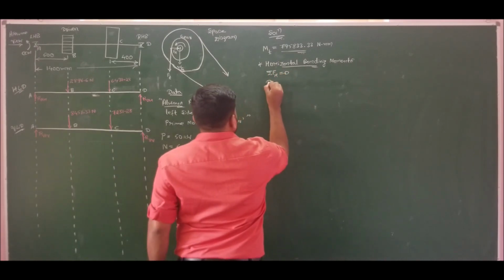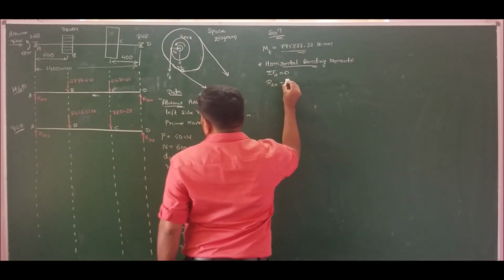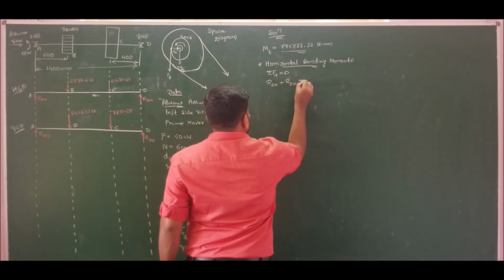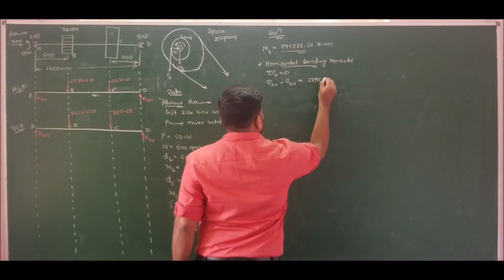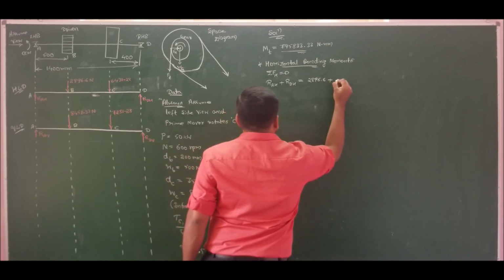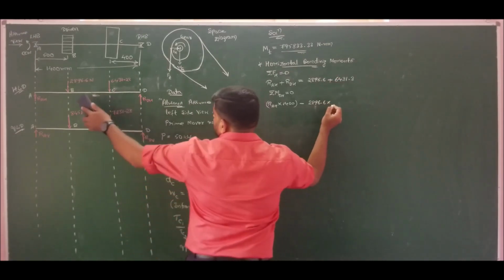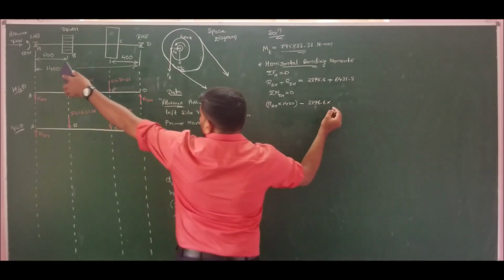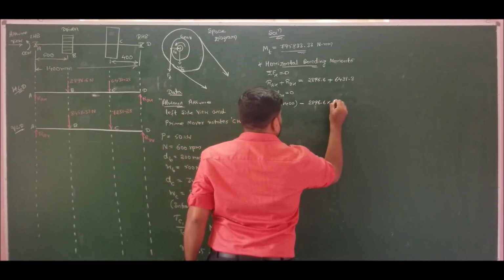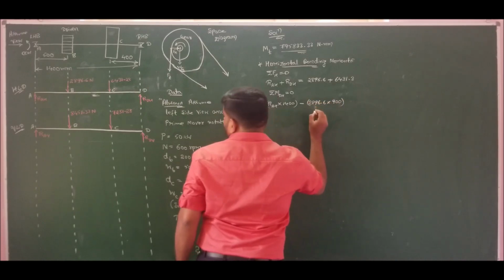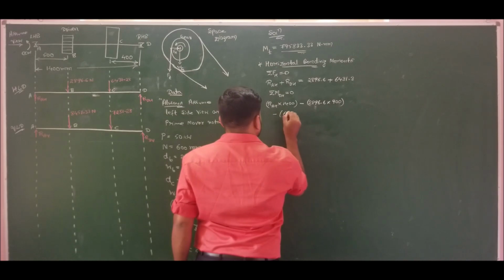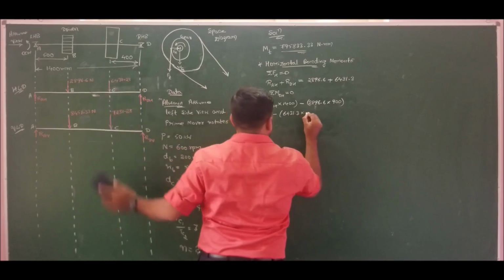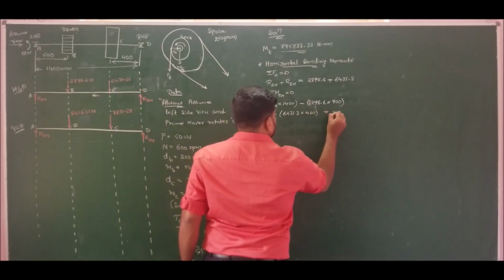So if I use that, I get RAH plus RDH is equal to 2896.6 plus 6431.28 into the distance, 1400 minus 500 is 900, counterclockwise negative, and again minus 6431.3 into distance 400. This must be equal to 0.